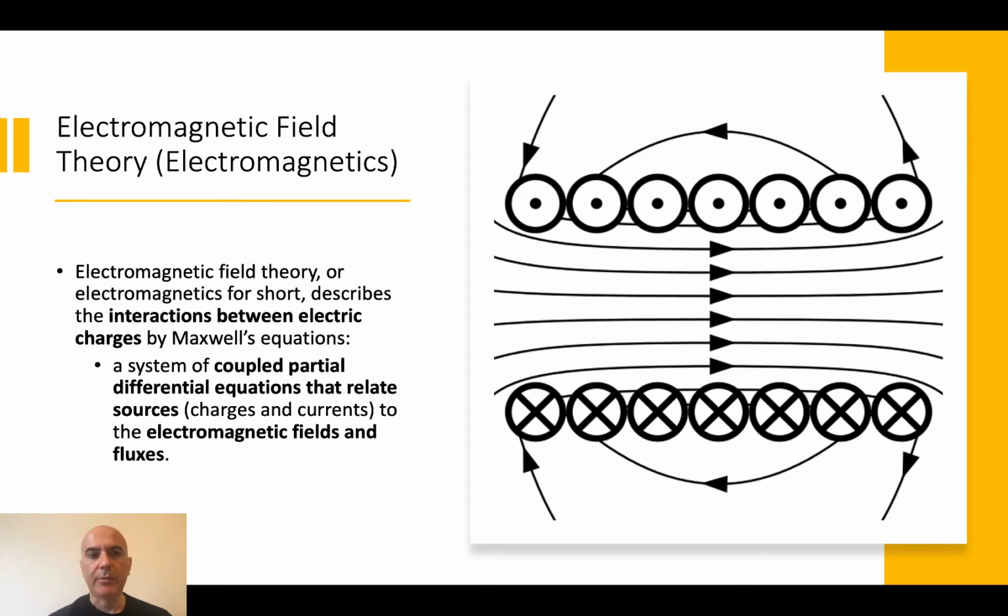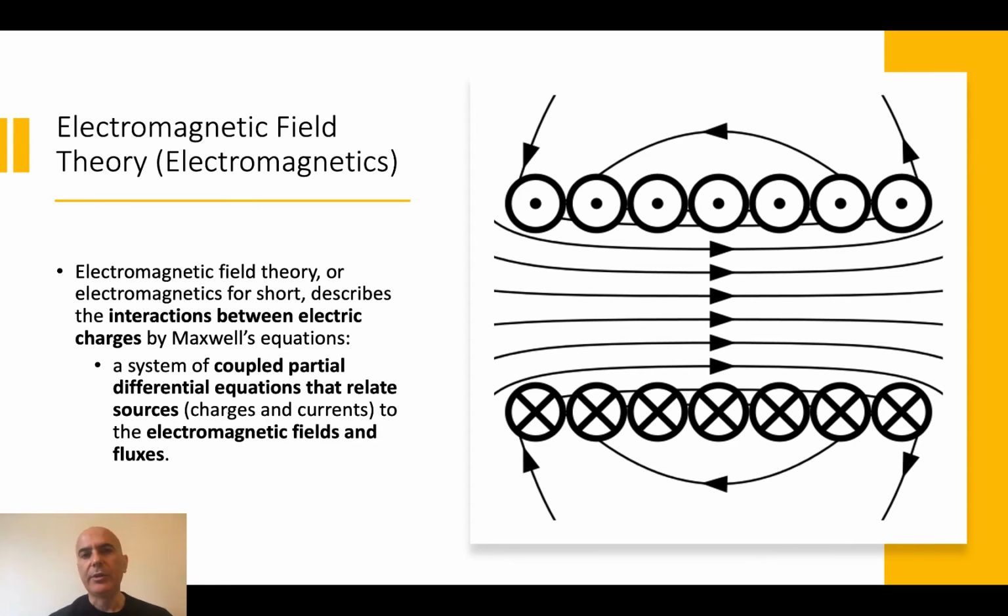What is electromagnetics? Electromagnetic field theory, or electromagnetics in short, describes the interaction between electric charges by Maxwell equations. As you know, whenever we have charge, we also have an electric field that tries to either repel or attract a different charge. If the charges are moving, they also create a magnetic field around the current.